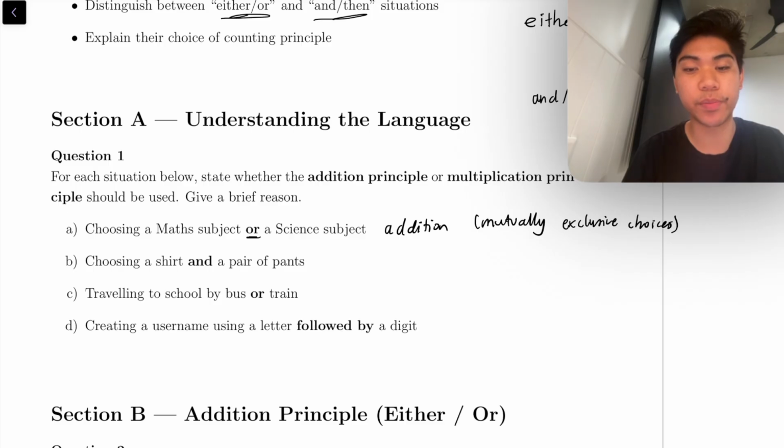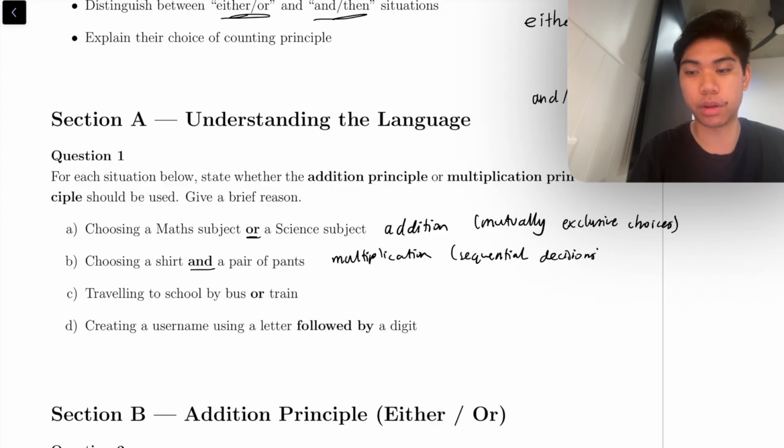And so that would be it, right? Choosing a shirt and a pair of pants, okay? This would be the multiplication principle, okay? Because these are sequential decisions. All right. Traveling to school by bus or train, okay?